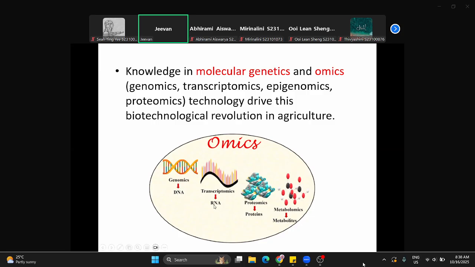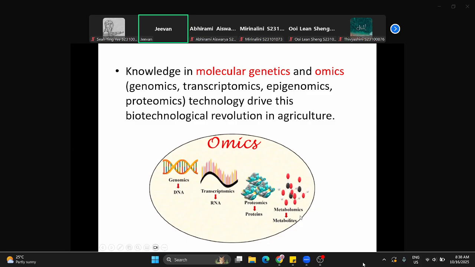So you can see here omics, where genomics studies the DNA, and transcriptomics studies how RNA can be transcribed from DNA, and from RNA how proteins can be produced. That is proteomics.